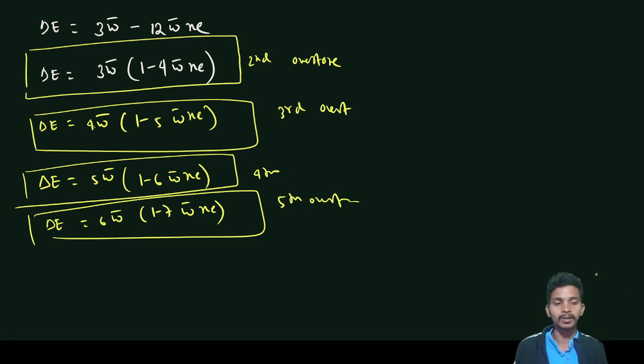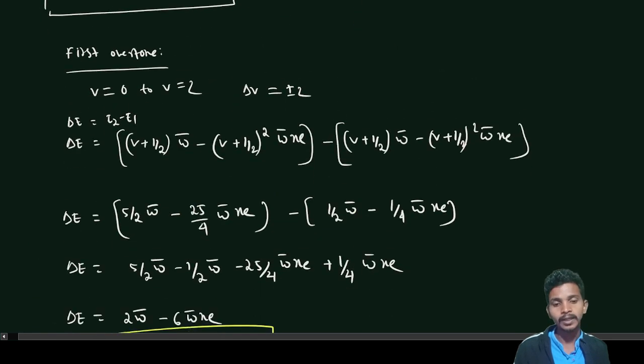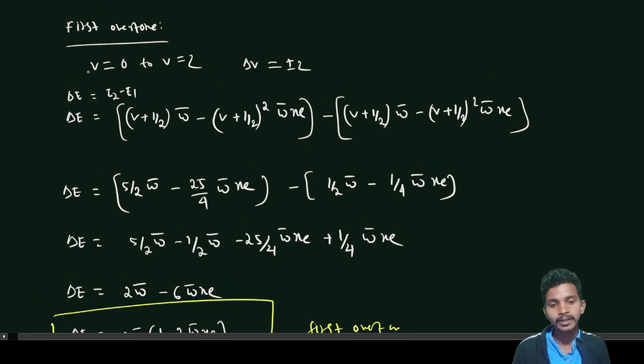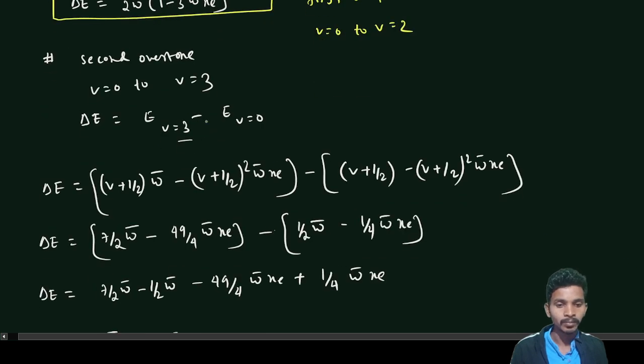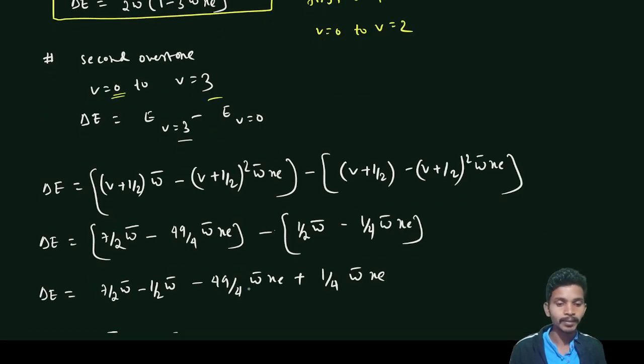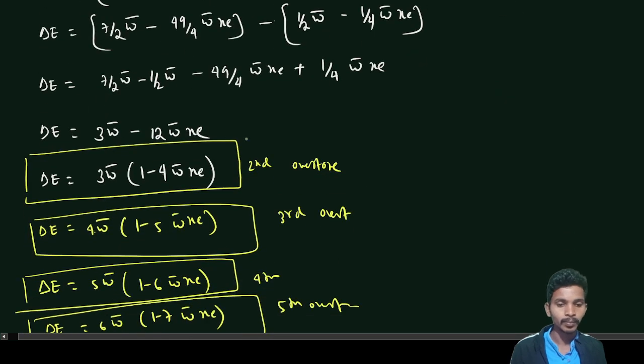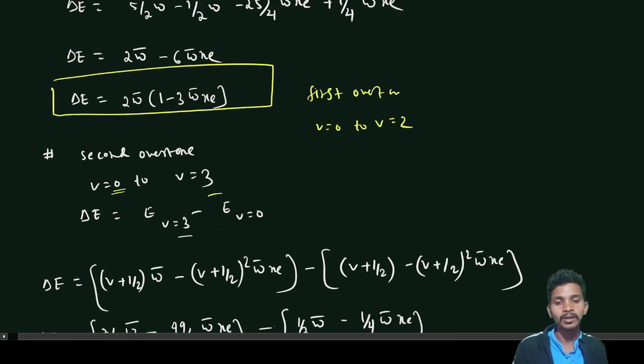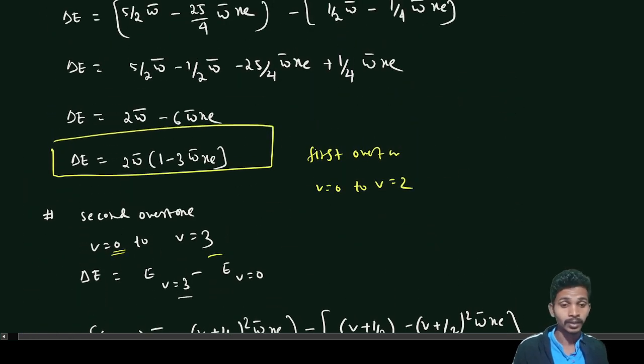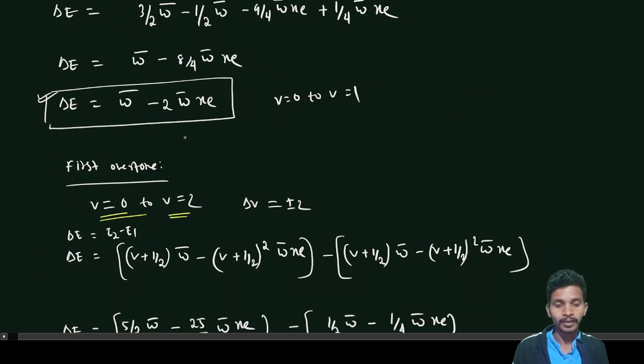Okay, so these are the cases when the transition is v0 to v2, v3 or v4, so the transition starts from v0 and may go to v3 or v4. All of these are called the first overtone, second overtone, third overtone, and the fundamental vibration.